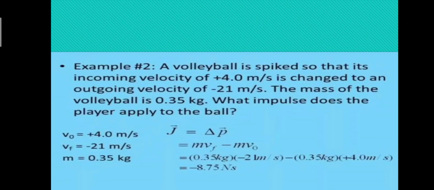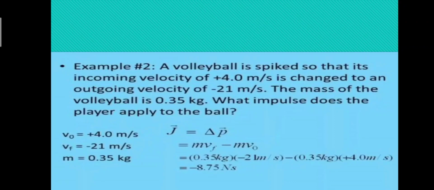The formula that we will use is the impulse momentum theorem. So J equals change in momentum, or m times final velocity minus m times initial velocity.